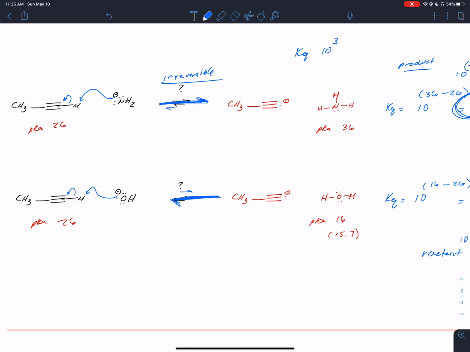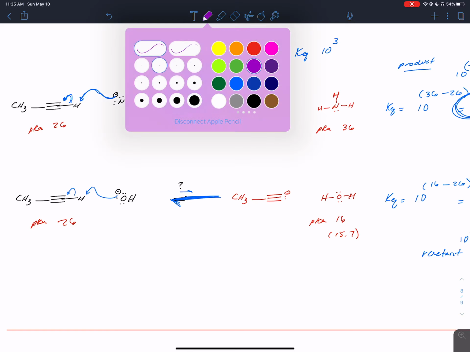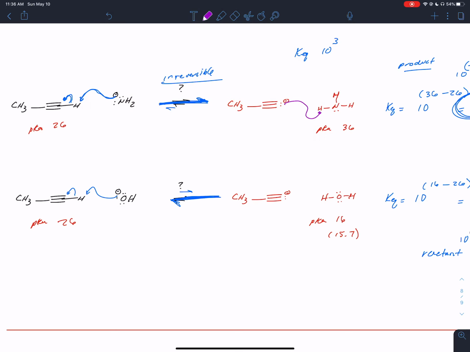Okay, it's an irreversible acid-base reaction. NH2 minus will rip off this proton. It will deprotonate the terminal alkyne to make these two species. And the reverse reaction of the acetylide ion deprotonating to form these two is so infrequent and statistically less likely to happen. Not only is it less statistically likely to happen, it's energetically not as likely to happen.